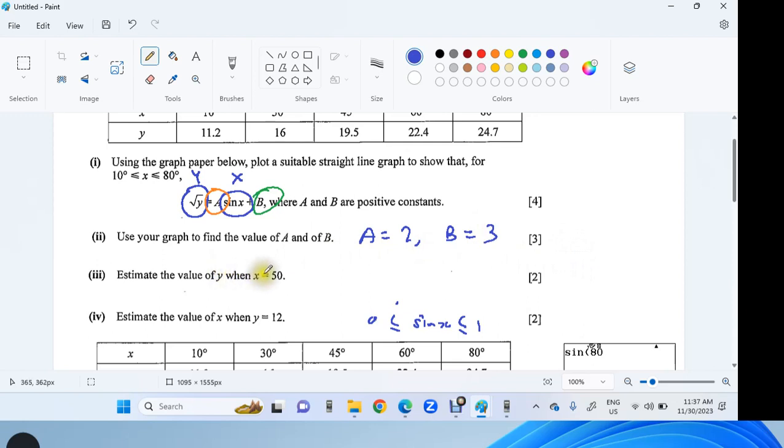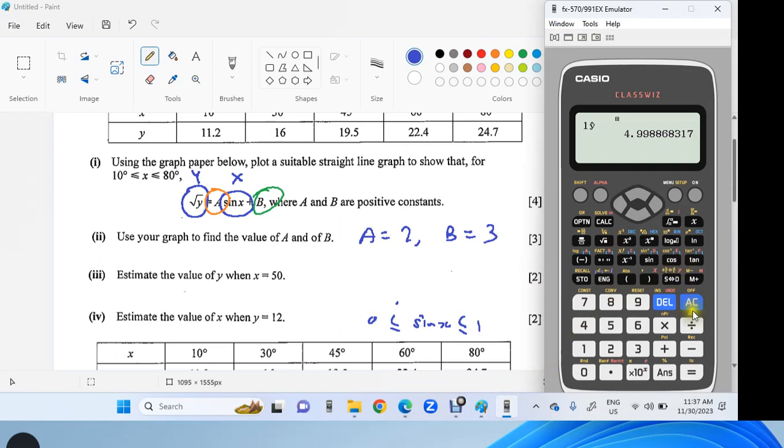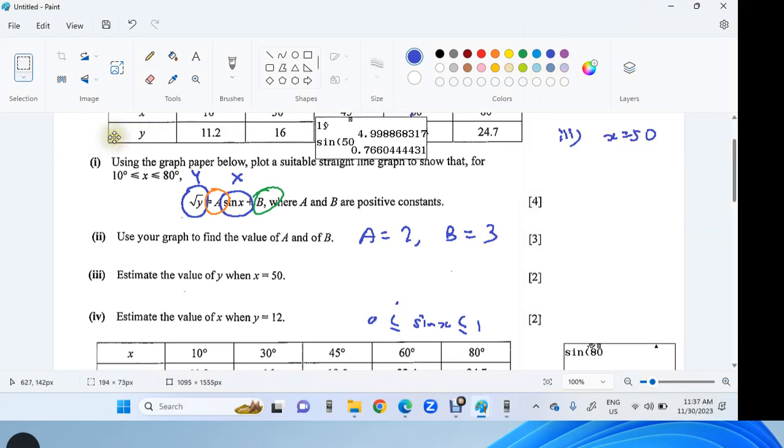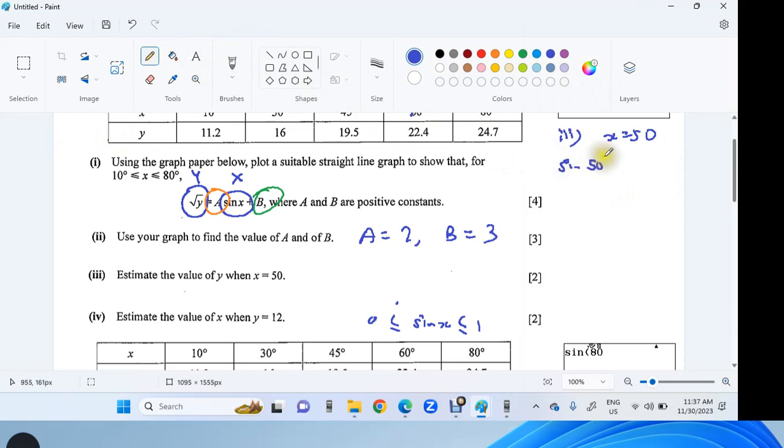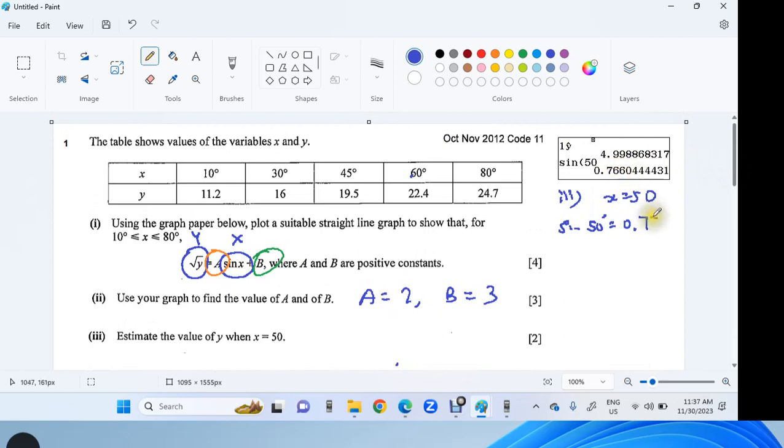Next, they want us to estimate the value of y when x equal to 50. So I go to the calculator and find the value of sine 50. This is 0.77.